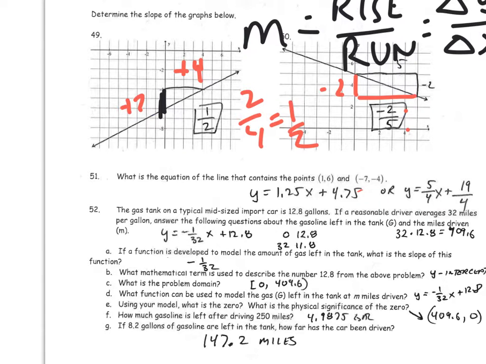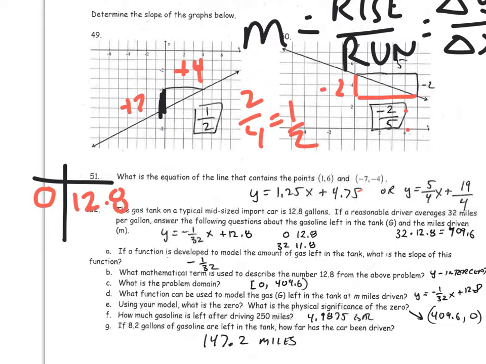What I want to do is read the problem and make a table. Remember, it says write an equation that shows how much is left in the tank. If we've driven 0 miles, we've used no gas, so we have 12.8 gallons left.